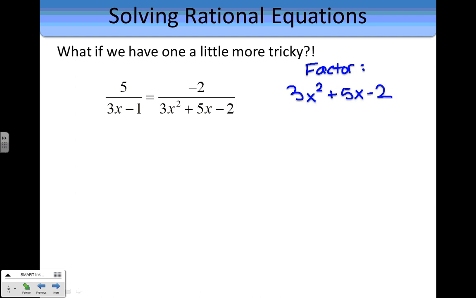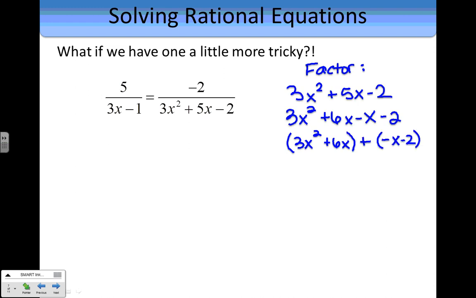So 3 times negative 2 is negative 6, and two numbers that multiply to give me negative 6 and add to give me 5 are 6 and negative 1. Factor by grouping: 3x squared plus 6x plus negative x minus 2 are my two groups.